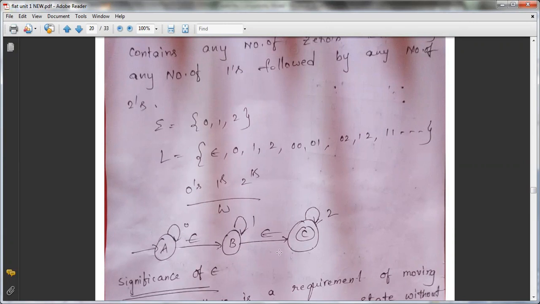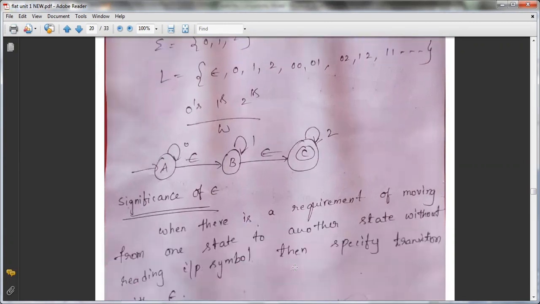If you want to move from one state to another state without taking any input symbol, then the input you are going to take is epsilon. So what is the significance of the epsilon?